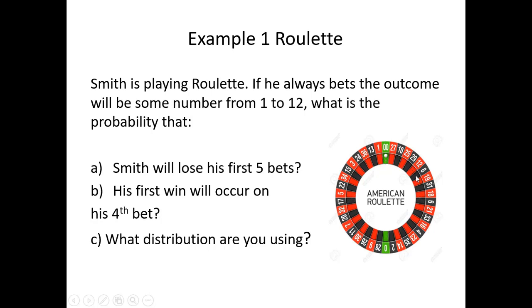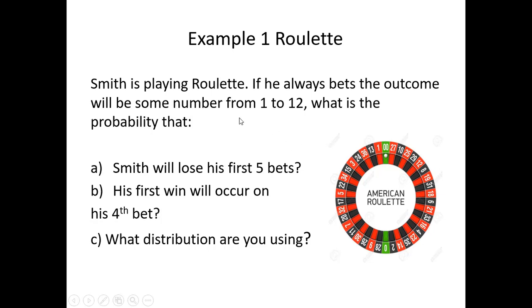So this wheel we'll assume has 36 numbers colored red and black, and then there's another 2 colored green. So there are 38 possibilities in this American roulette wheel. From what I understand, in European roulette, there's only one green slot, so a total of 37. But in American roulette, we have 38 slots.